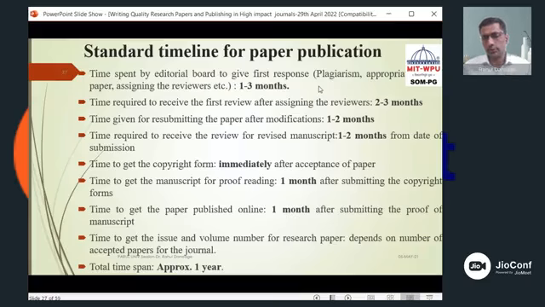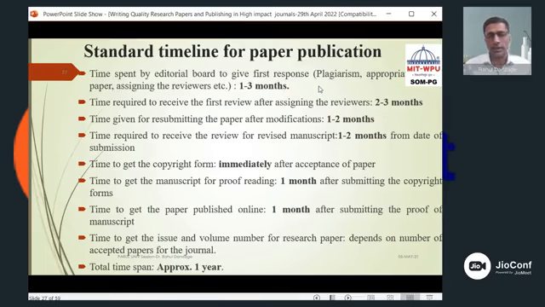And then if you get the acceptance, after acceptance of the paper, you need to fill up the copyright form. Then there can be a proofreading process. You can expect that after 1 month you will get the final manuscript in the format of the journal to proofread. If there are any changes, you can incorporate minor changes.